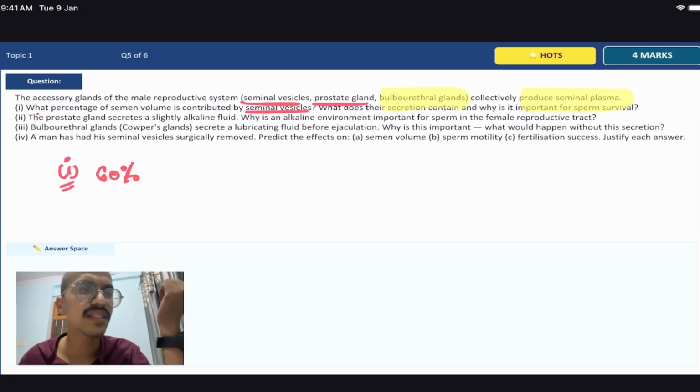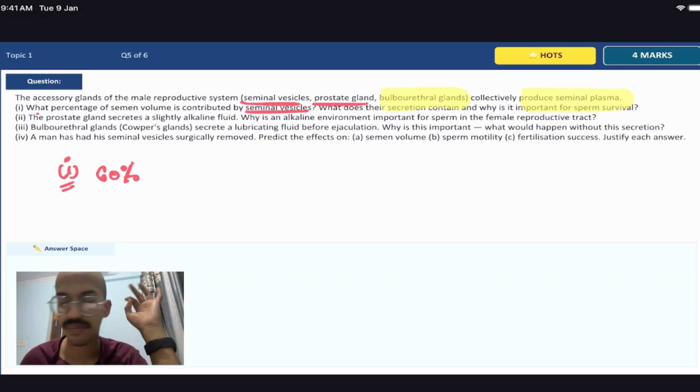What they contain? They contain fructose, they contain prostaglandins, all of those things which are present in it, you have to write it down. Then comes the prostate gland, which secretes a slightly alkaline fluid. Why is the alkaline fluid important for the sperm in the female reproductive tract?